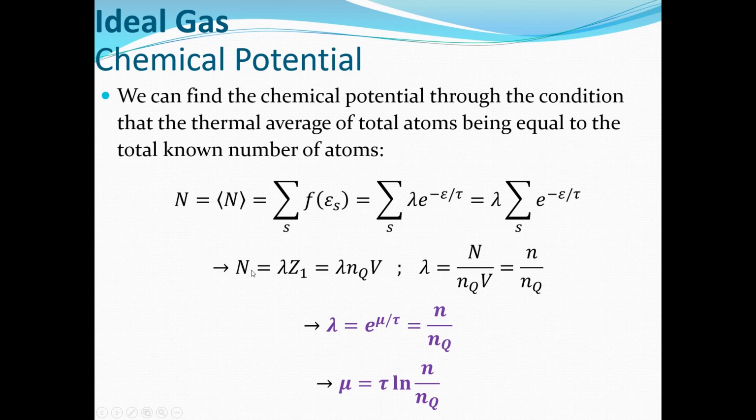Now the reason why this is important is mainly because we can do the same thing for the boson and fermion values. Instead of using the distribution function for the classical realm, we could use the distribution function for the Fermi-Dirac equation or the Bose-Einstein equation, and we would end up getting a different function for that.